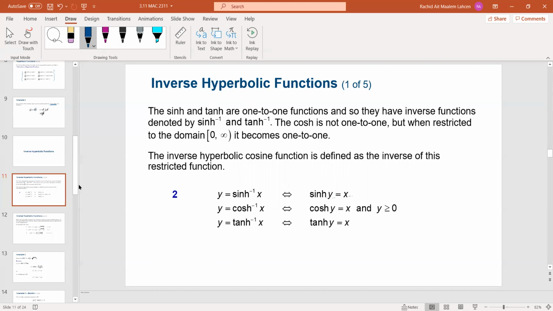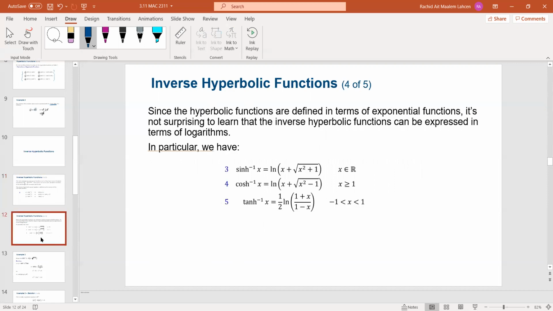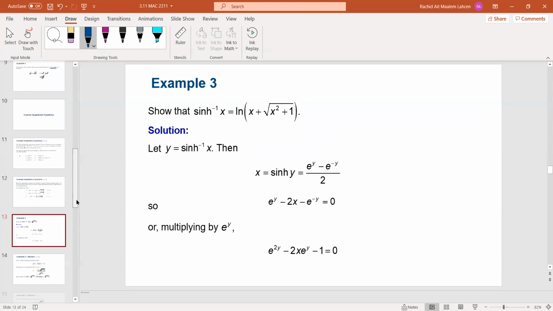So just like the trig function definition and the inverse trig function definition. And of course, some would require some domain restrictions. If you're asked to calculate something for the inverse hyperbolic, you can use these formulas directly with the logs.